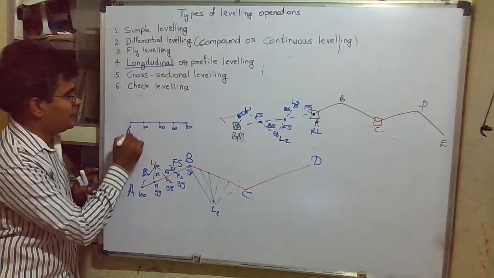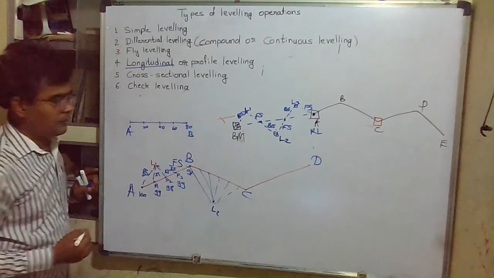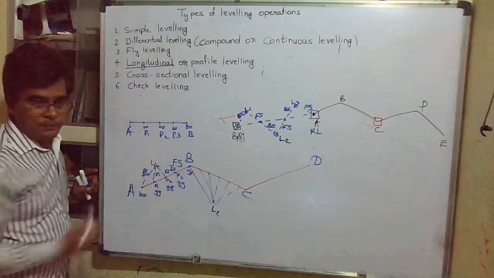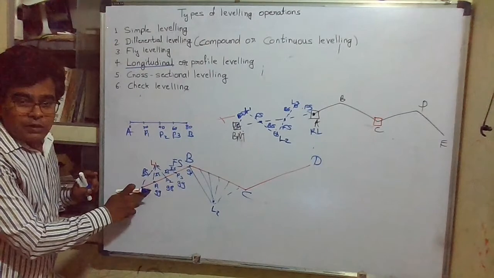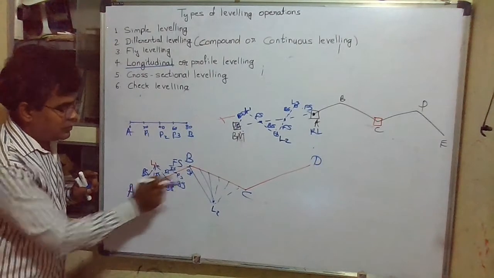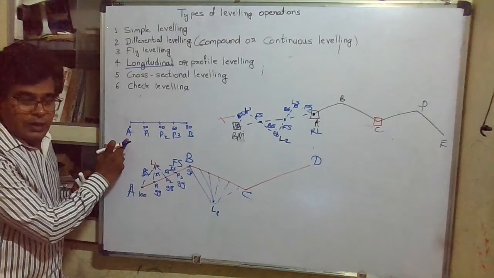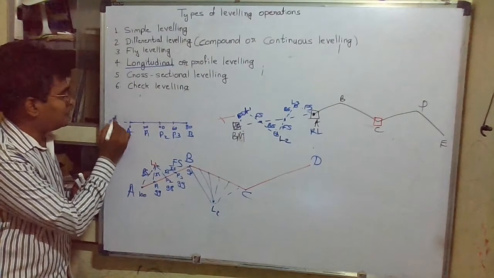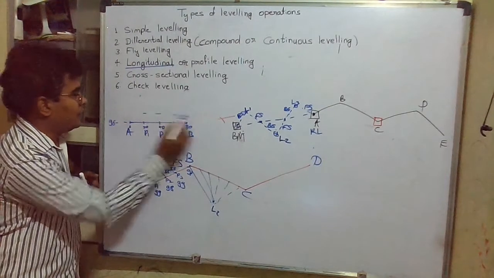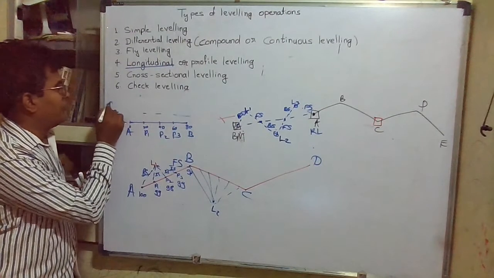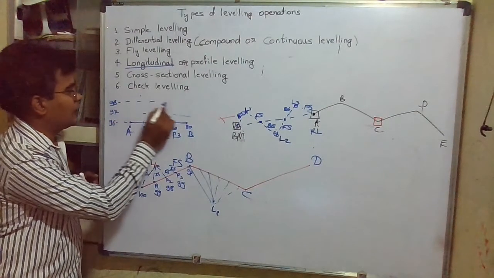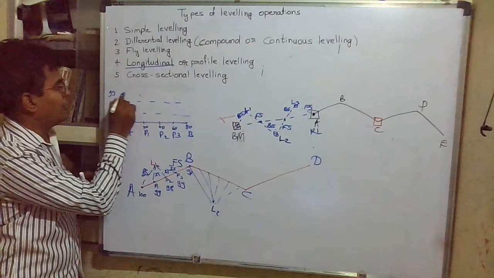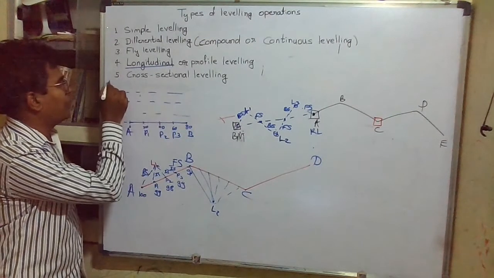Along this line, this is point A, this is point B, and these are the points P1, P2, P3. By leveling work, we have determined the RL of all these points. So we will prepare one graph here. Here we can consider this point as 96 RL, this as 97, this as 98, then 99, and again 100.